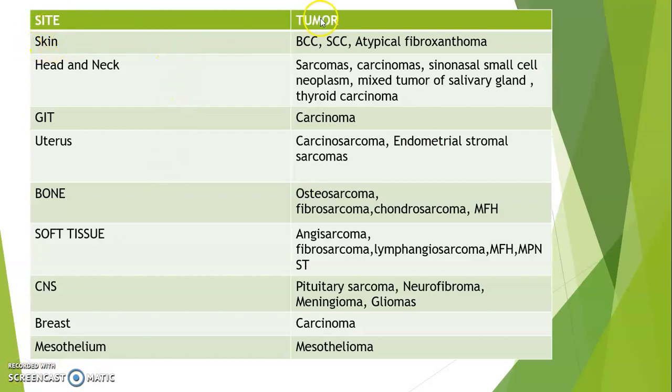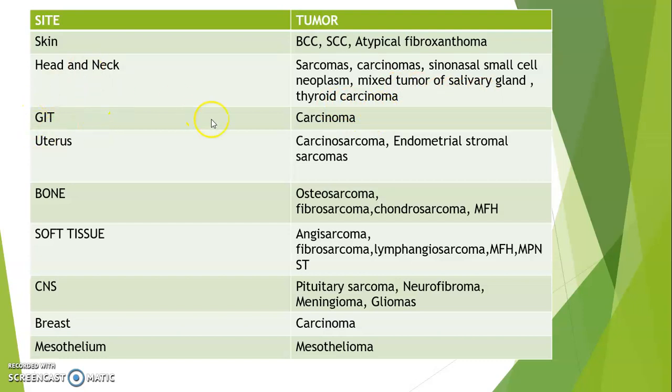In skin, radiation-associated tumors are basal cell carcinomas, squamous cell carcinomas, and atypical fibroxanthoma. In head and neck region, we see sarcomas, carcinomas, sinonasal small cell neoplasms, mixed tumor of salivary gland, and thyroid carcinoma.